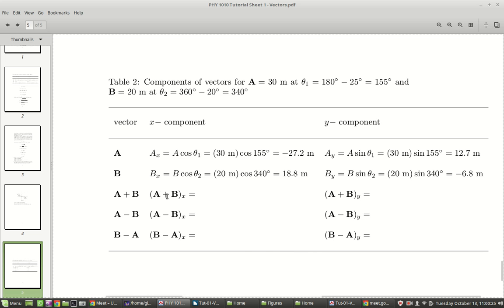The x component of a plus b. So this a plus b is going to have an x component and a y component. This a minus b is going to have an x component and a y component. This b minus a is going to have an x component and a y component.